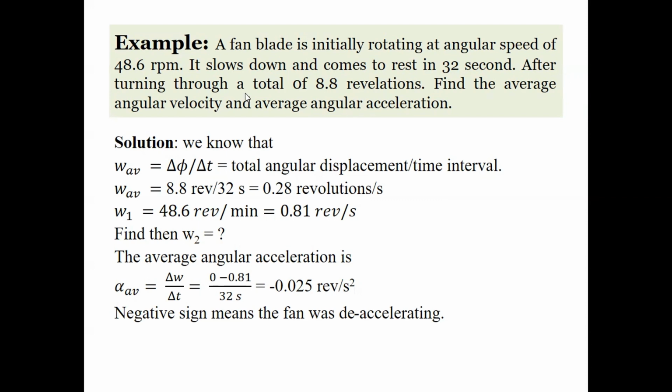The turning of total 8.8 revolutions, we are asked to find this. So 8.8 revolutions, the total number of revolutions, divided by the total time 32 seconds. We get the average value as 0.28 revolutions per second.